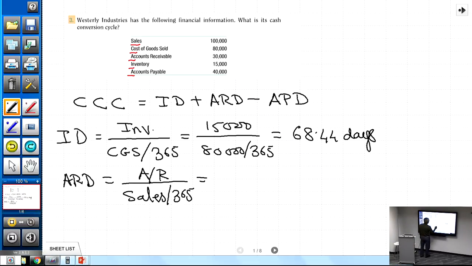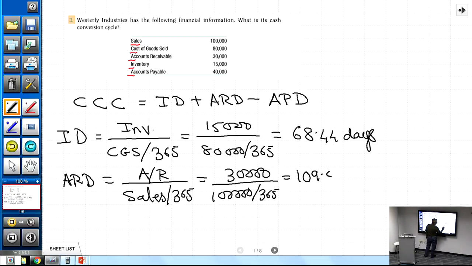Accounts receivable is 30,000, sales is 100,000, divided by 365, that gives us 109.5 days.